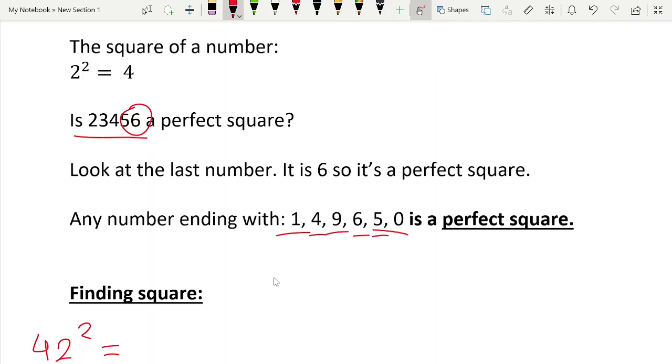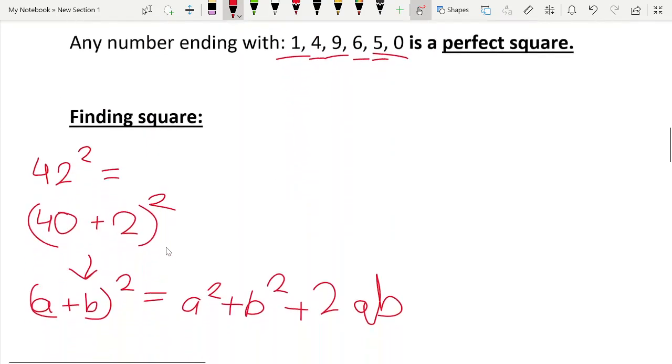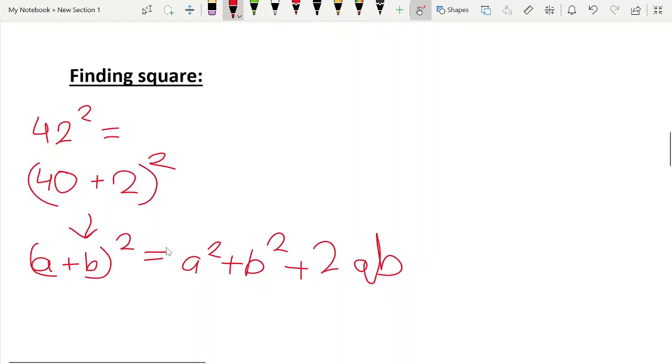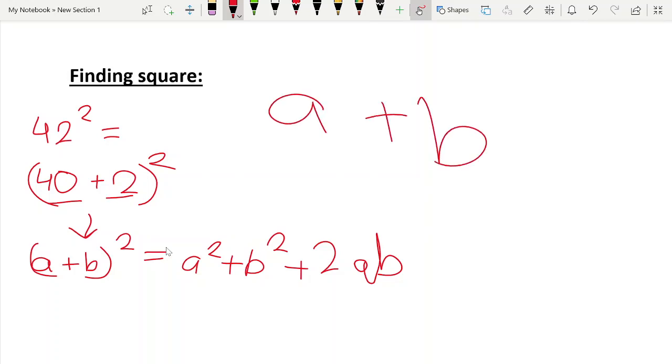Okay? Now, finding a square. If you have 42 to the power of 2, we can write it as 40 plus 2 to the power of 2, which is one of the formulas that we know, a plus b whole square.